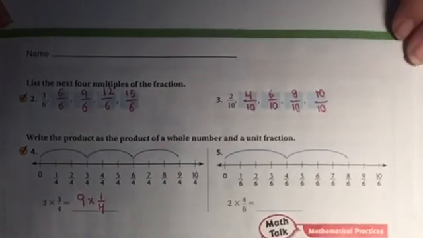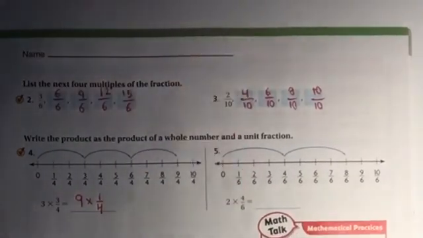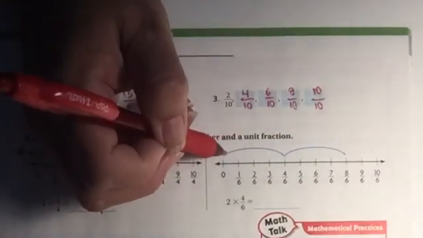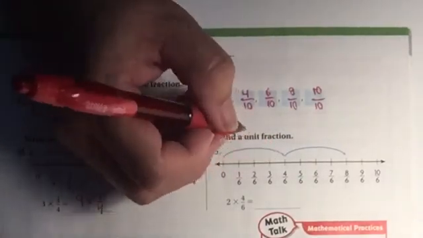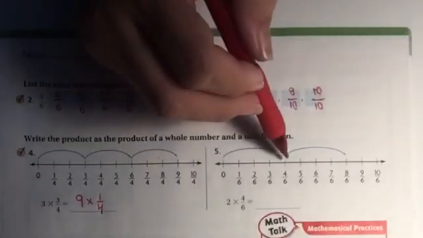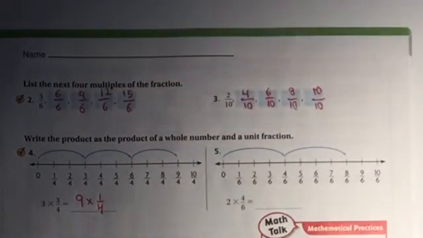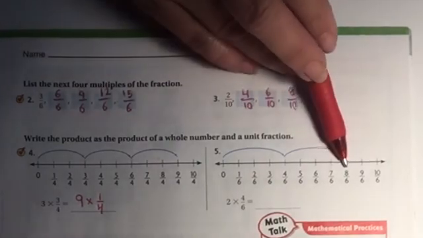And last but not least, 2 times 4/6. So here we have 4/6, then we have a second 4/6. 4/6 plus 4/6 is 8/6. So what do I have to do? Well, I have 8/6 now.